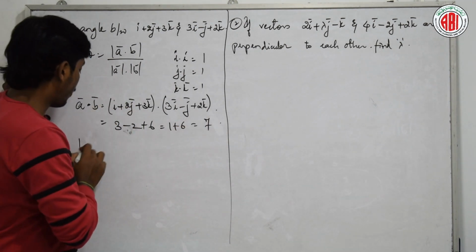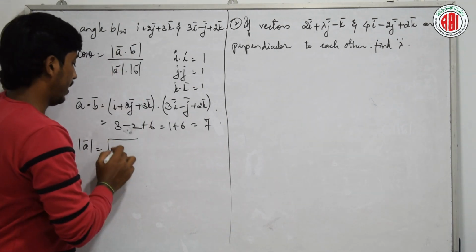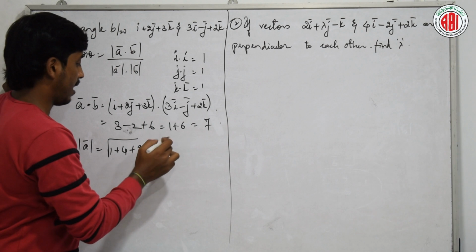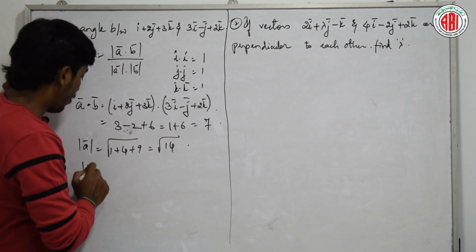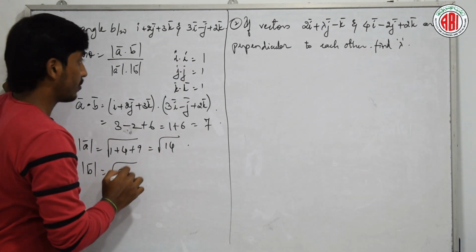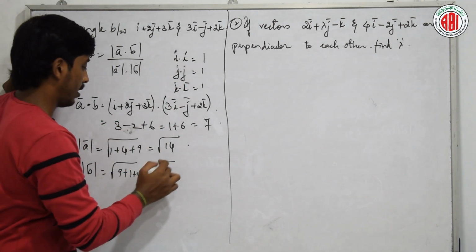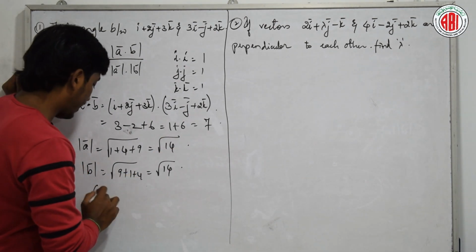Then what about mod a? Mod a is under root 1 plus 4 plus 9, that is root 14. Then mod b, under root 9 plus 1 plus 4, that is also root 14. Clear? Then what is the formula of cos theta now?